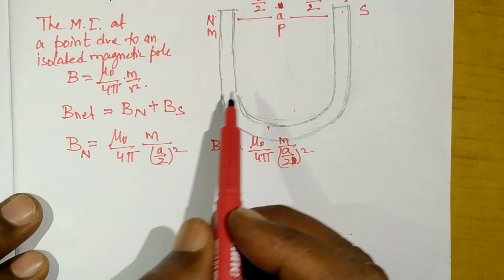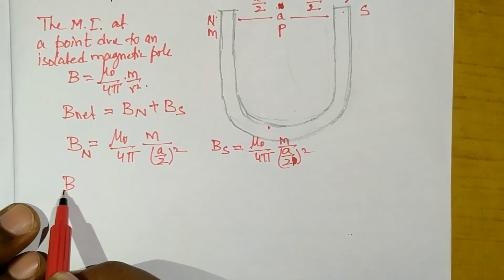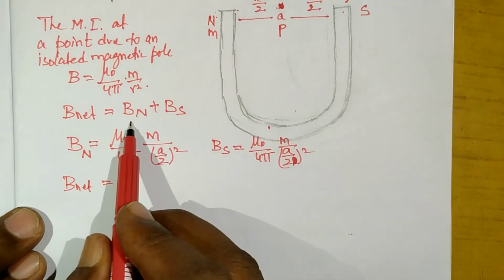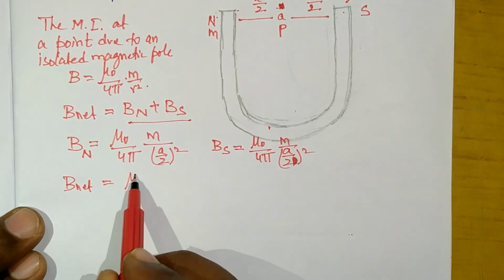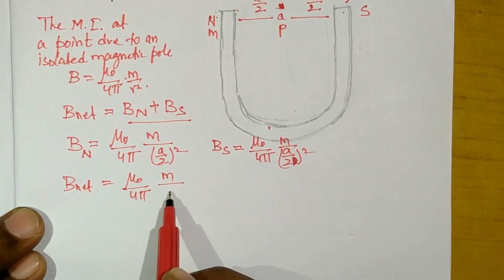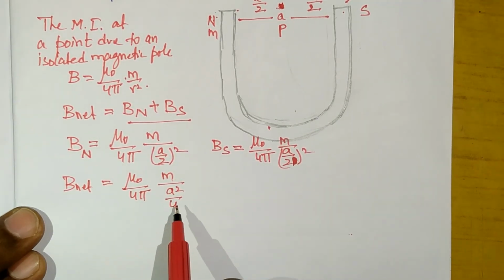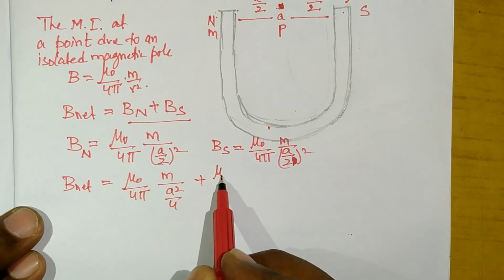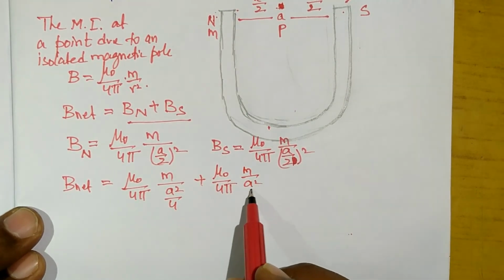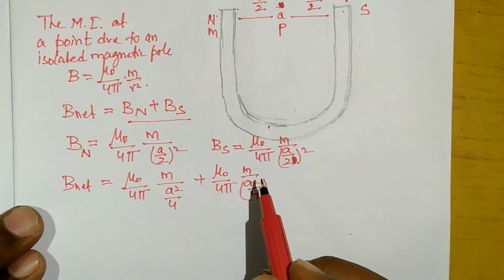So to get the net magnetic induction, I have to add these two. B net is equal to Bn plus Bs. That means mu naught by 4 pi M by, when you square it, A square by 4, plus again mu naught by 4 pi M by A square by 4.